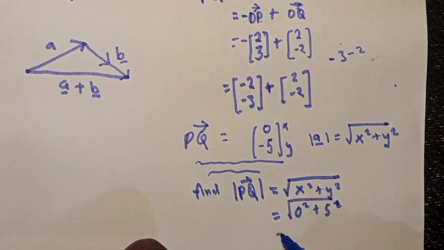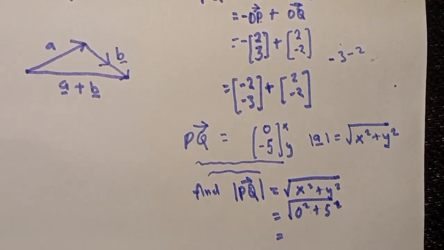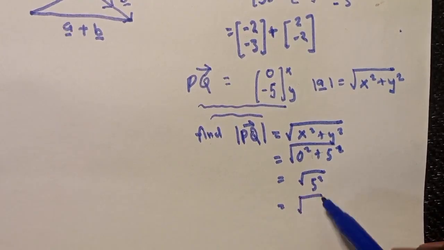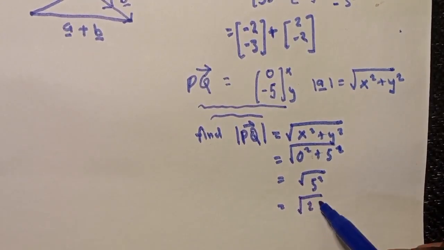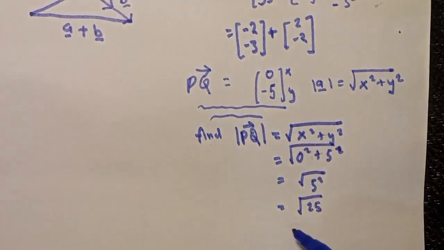Now here is the tricky part. What do you think you get when you square 0? You still get 0. So you're just going to have 5 squared. And here this is very simple. You're going to get 25, and the square root of 25 is going to give you 5.